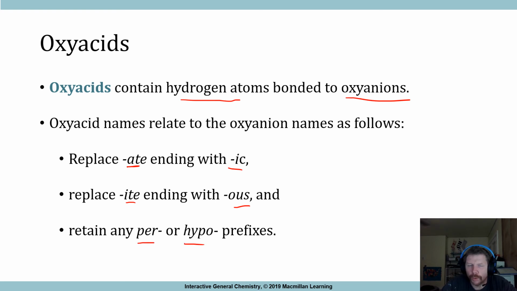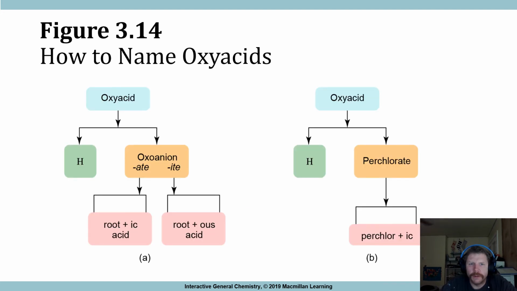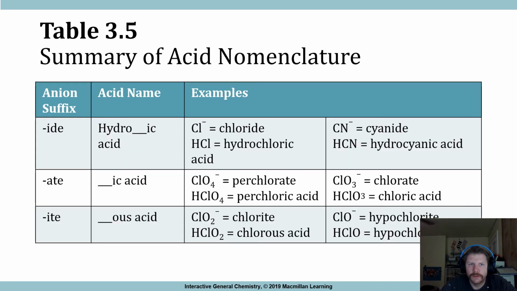So perchloric acid. Well, we take the perchlorate ion to make it perchloric acid. Okay. Now, as an example, well, lo and behold, the perchlorate ion. This would be perchloric acid. Done.